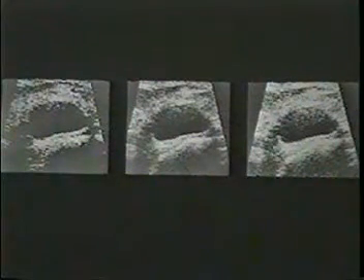And in this case, we changed, just for demonstration purposes, to a logarithmic grayscale to show that too will increase the appearance of echoes within a cyst.